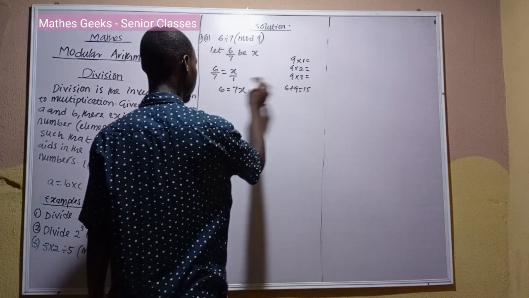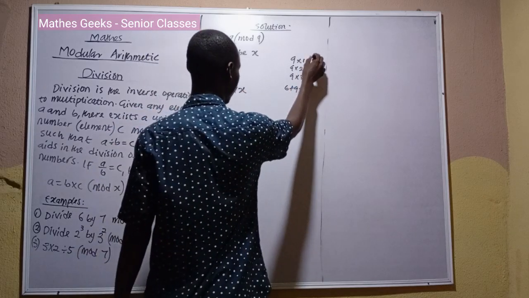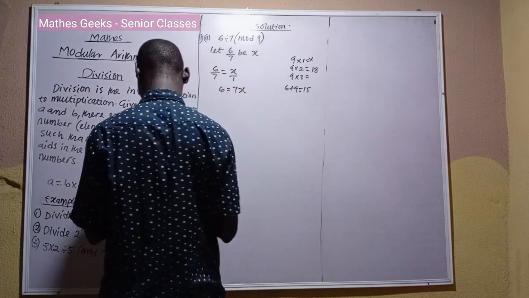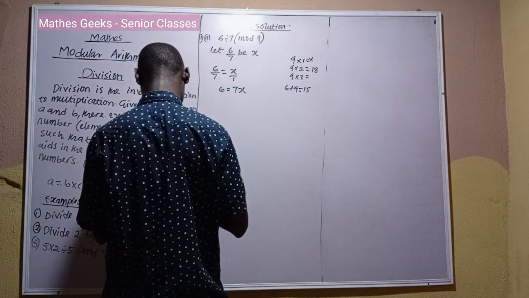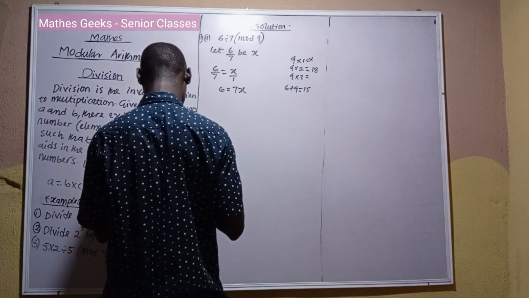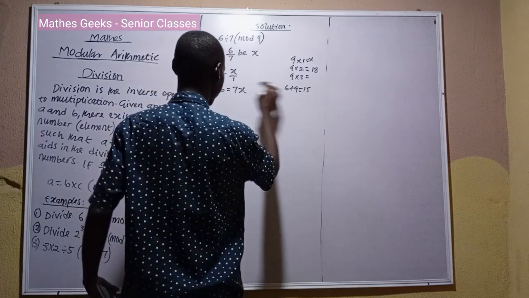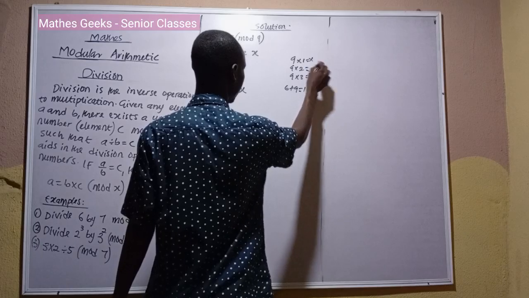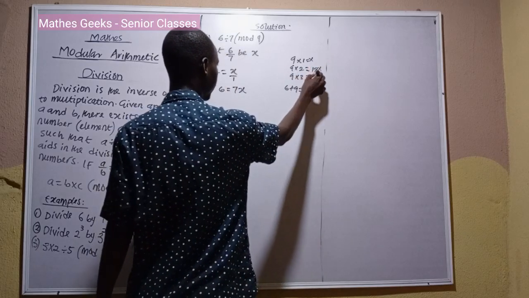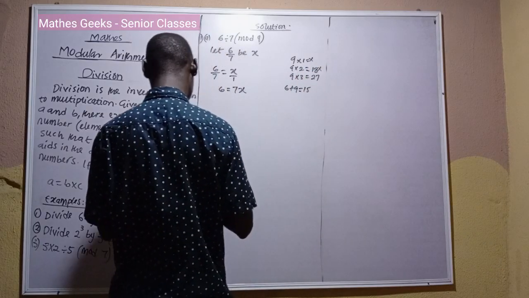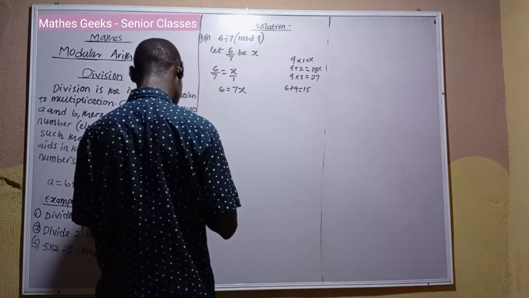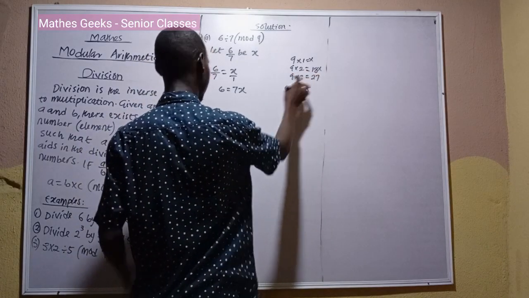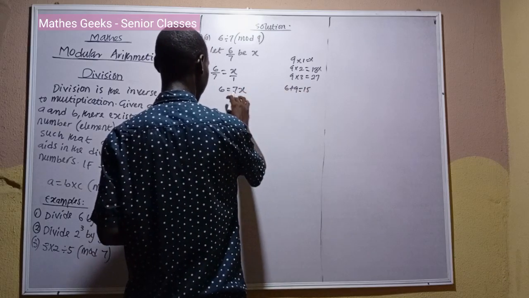Now 15 is not divisible by 7, so we ignore this multiple. 9 times 2 is 18. 18 plus 6 is 24. 24 is not divisible by 7, so we ignore this multiple. 9 times 3 is 27. 27 plus 6 is 33. 33 is not divisible by 7.